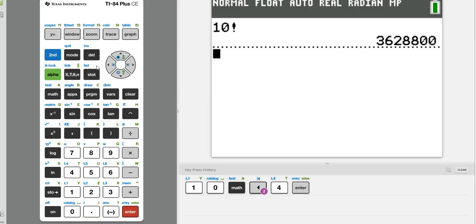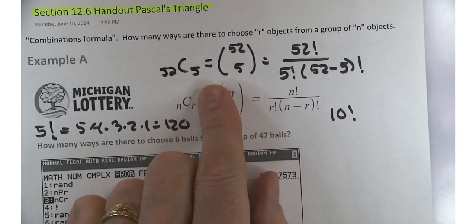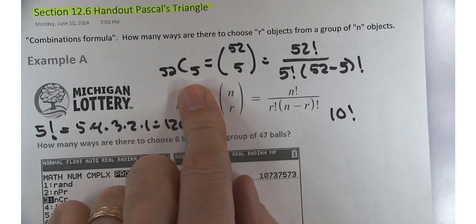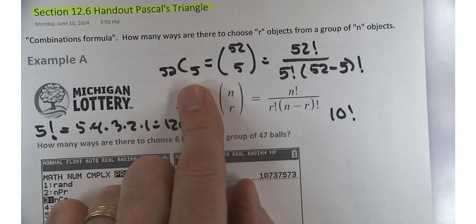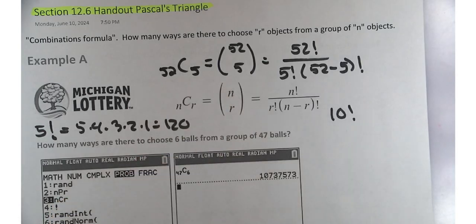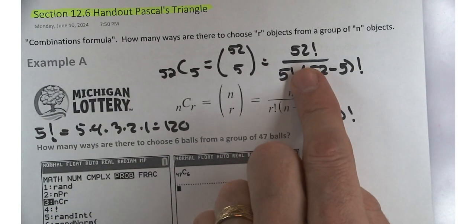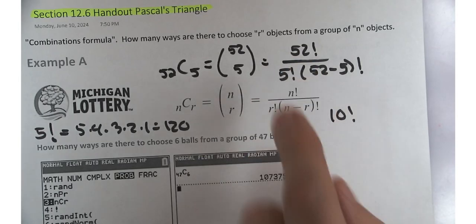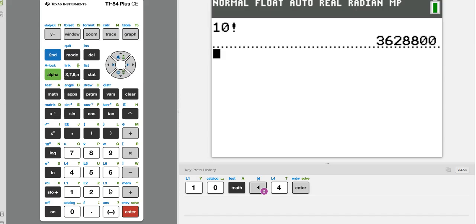So it's kind of cool. And in particular, one of the cool things you can do with it, and what we want to do here, is calculate, say, 52 choose 5. How many different ways do you think there are that you can draw 5 cards out of a well-shuffled 52 card deck? Calculating this mostly by hand would be kind of a pain, but with our graphing calculator, it's not so bad. Let's type in the 52 first.